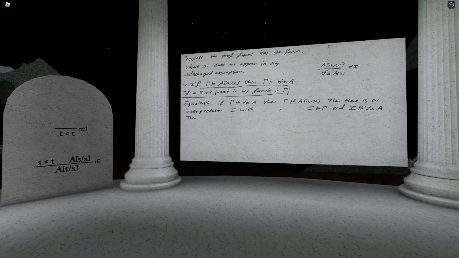So then there is a valuation V with I, V of for all x A equals 0.